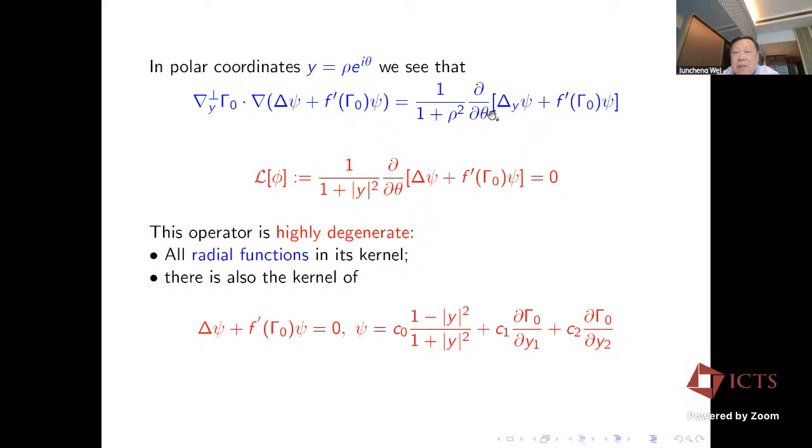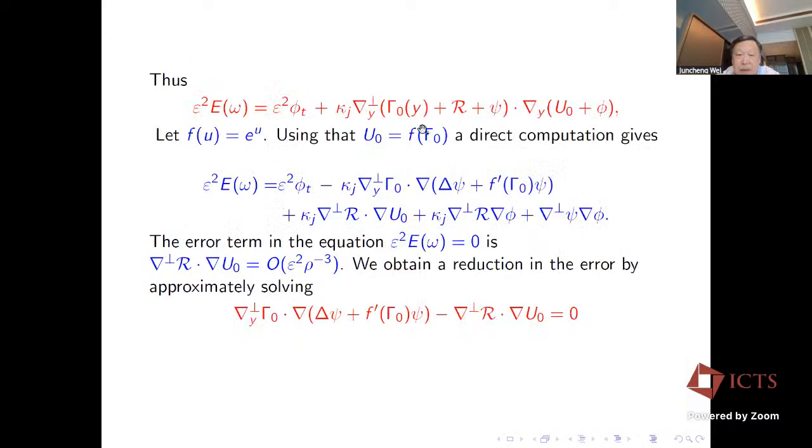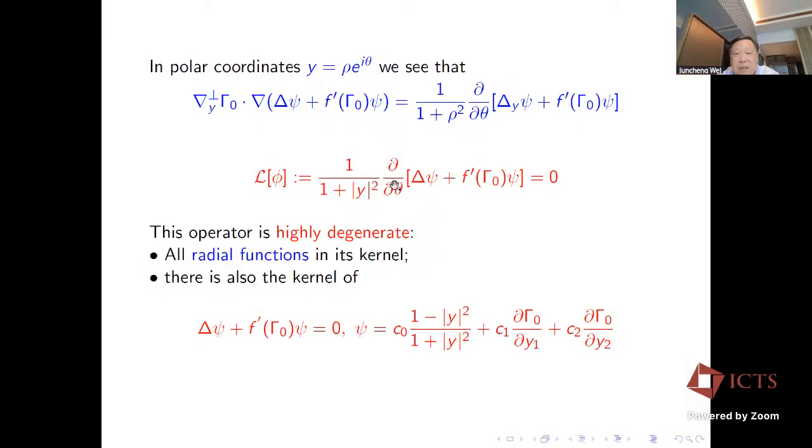So if we look at this linearized operator, what we see is very interesting, but very challenging. This operator is highly degenerate. It's a third order, and all radial functions are in the kernel. In addition, this is the linearization of the Liouville that we discussed last time.